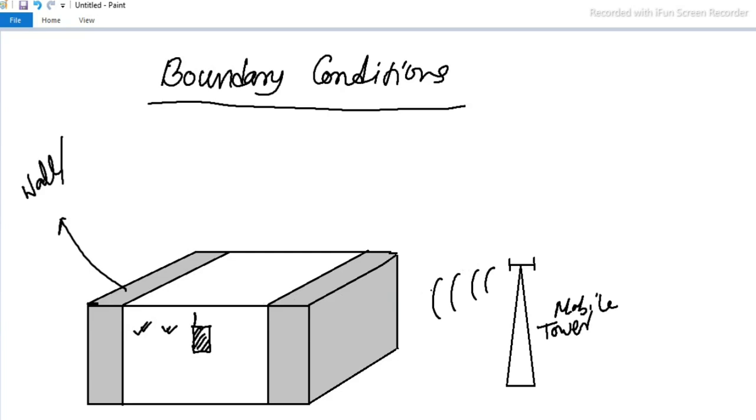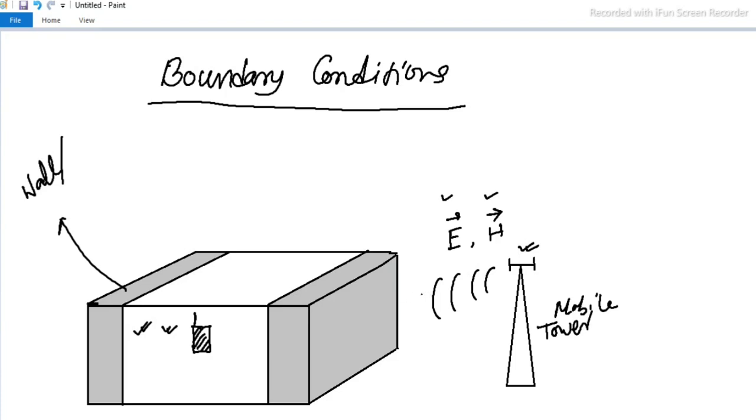Now when it is coming to your mobile phone, what is happening is the tower is radiating the electric field and the magnetic field. We call them the electric field intensity and magnetic field intensity, right? These are time varying in nature when released by the tower. So it is coming to your mobile phone in the form of electric and magnetic field intensity. It is a time varying quantity, right?